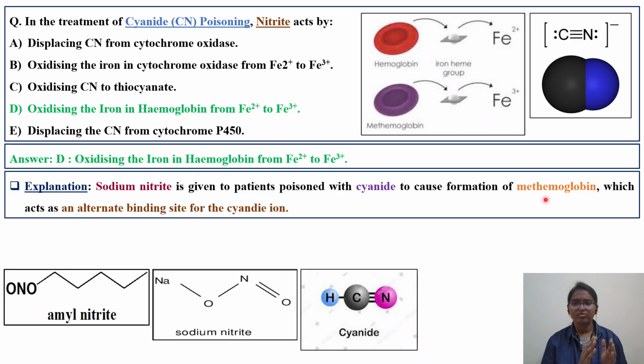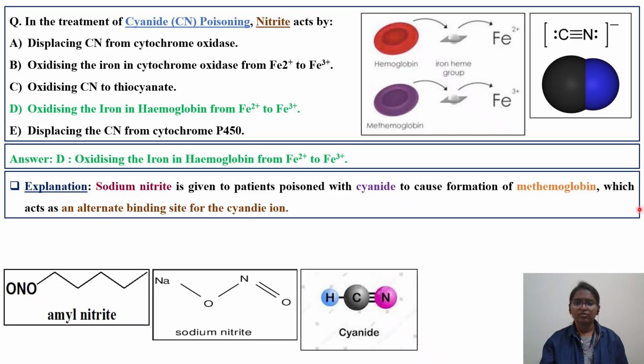So we have hemoglobin; whenever you administer sodium nitrite, it forms methemoglobin, which acts as an alternate binding site for the cyanide ion. The cyanide ion, instead of binding to iron in hemoglobin, will bind to iron in methemoglobin.